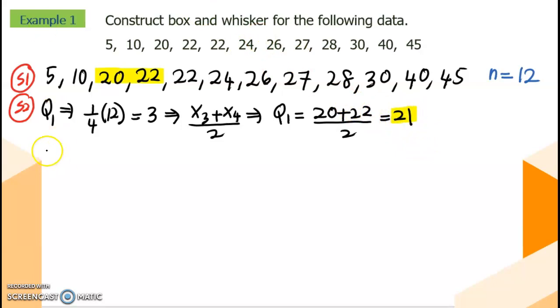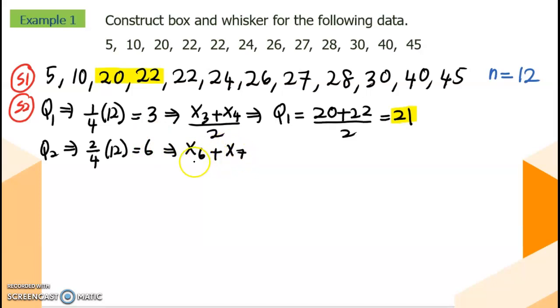Next, we are going to find the location for Q2. 2 over 4 multiplied by 12, we have 6. 6 is an integer, so we are going to take x6 plus x7 divided by 2.